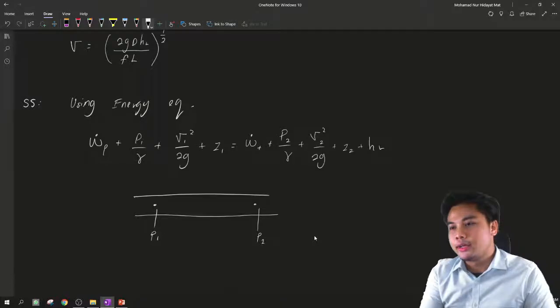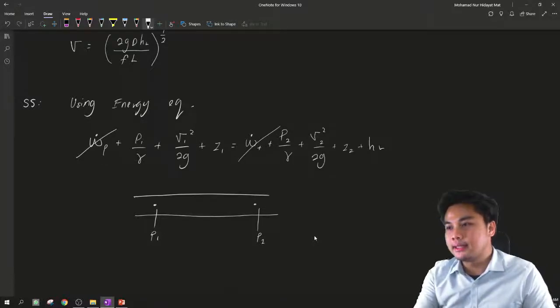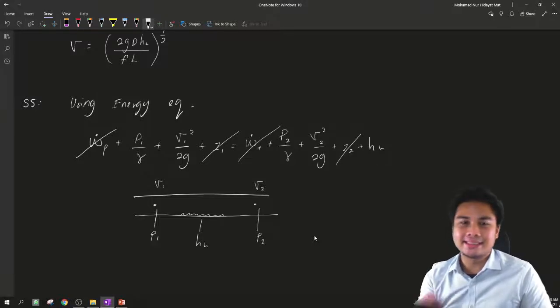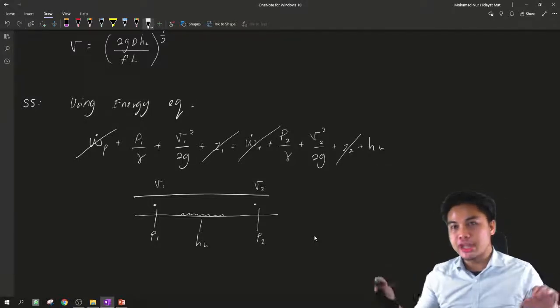And then there is no pump, cancel. There is no turbine, cancel. We can cancel out Z1 and Z2 as well. We have the heat loss, the friction, which is HL. And the velocity, V1 here and V2 here, is assumed to be the same, or average, because this is turbulent and the velocity is fluctuating. So we average them together.